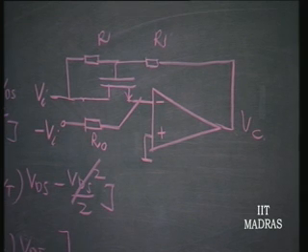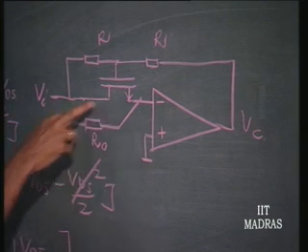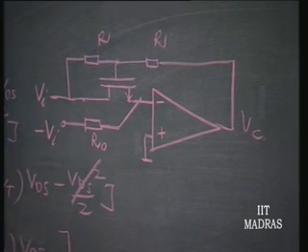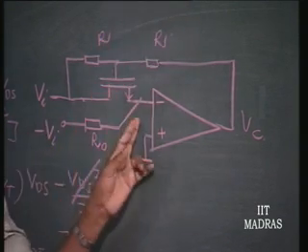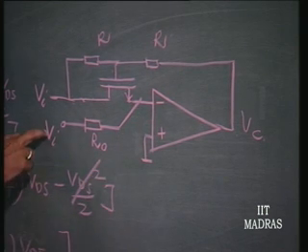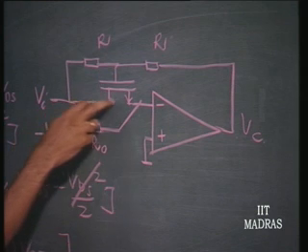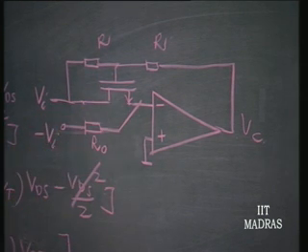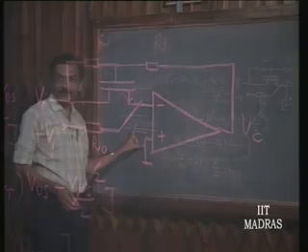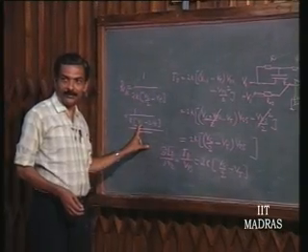Then what happens here? This resistance has to automatically adjust itself because of the negative feedback, such that this current, which is Vi by R naught, is the same as this current. That means this RDS now is going to be automatically adjusted to be equal to R naught.